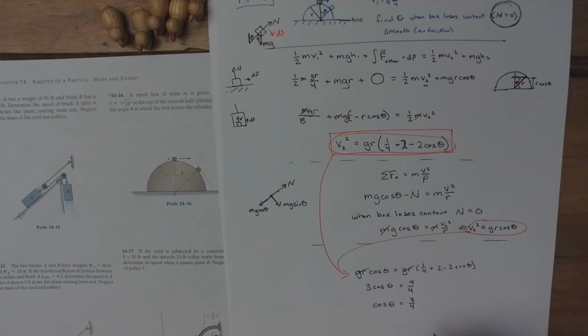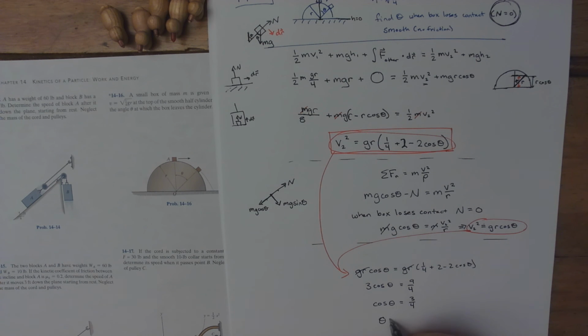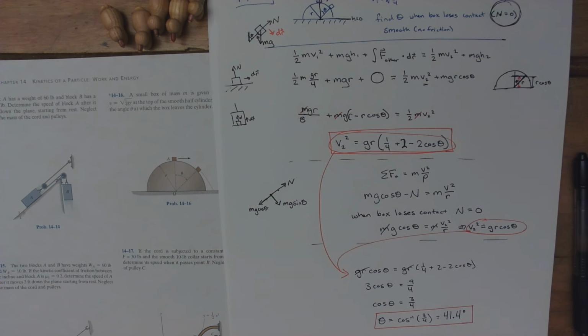And finally, theta is equal to inverse cosine of 3/4, which is approximately equal to 41.4 degrees. And that is our final answer.